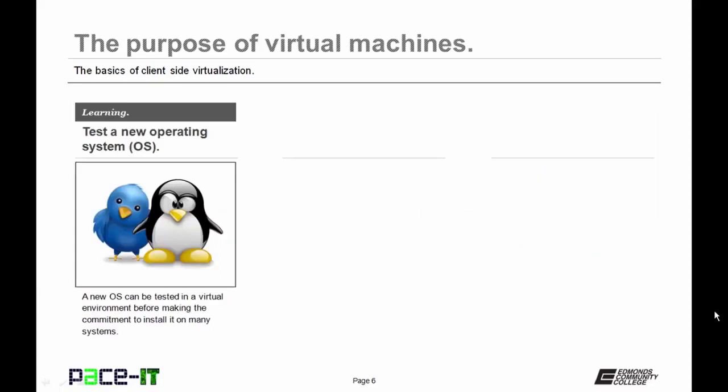So why would you need a virtual machine? Well, they're a great way to learn things. You can learn a new operating system inside of a VM without making any changes to your base operating system. This way you can test it out and see if you want to install it on your machine or on a whole host of other machines.